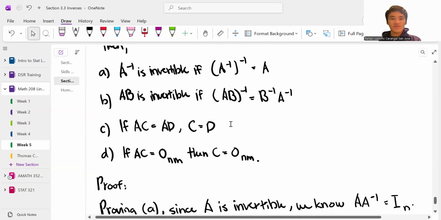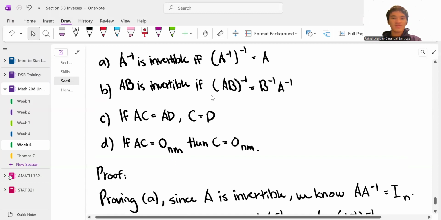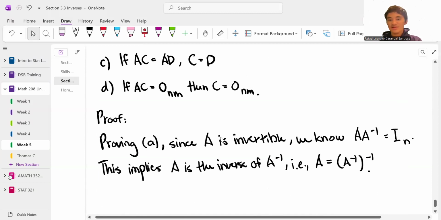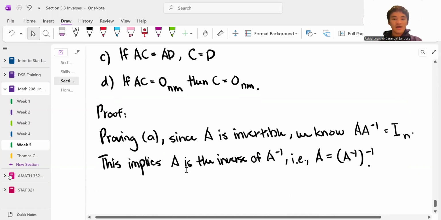Because we know that if we multiply the original by its inverse, it's just going to be the identity. So that's how we know A inverse is invertible. And that implies that A is the inverse of the inverse of A. Does that make sense?